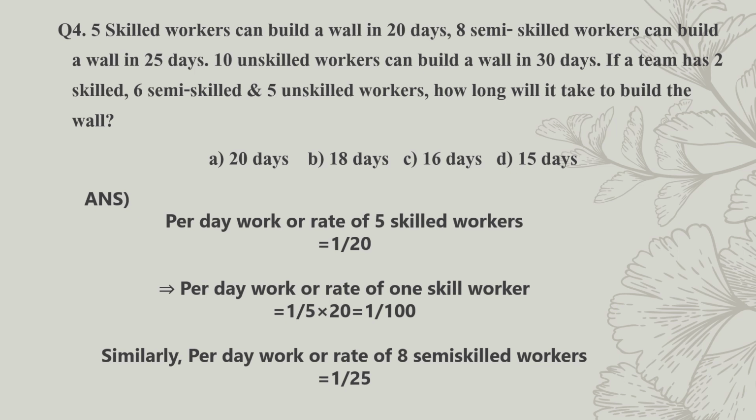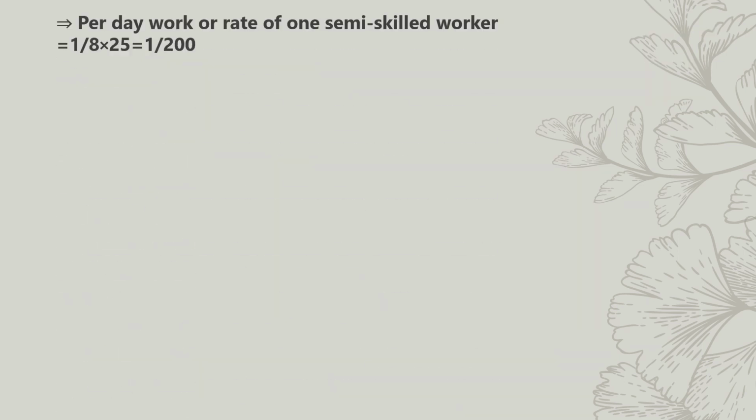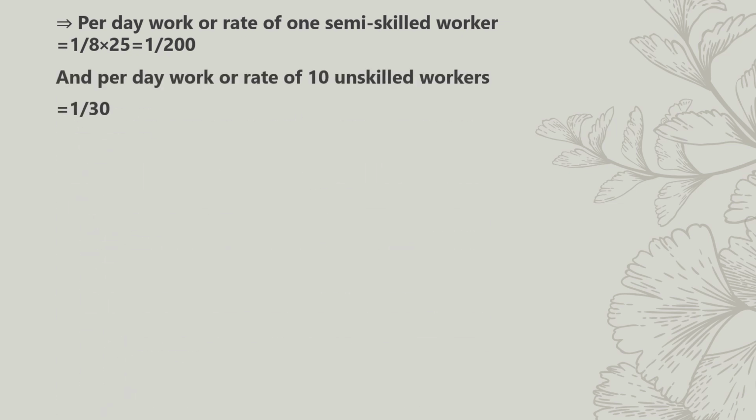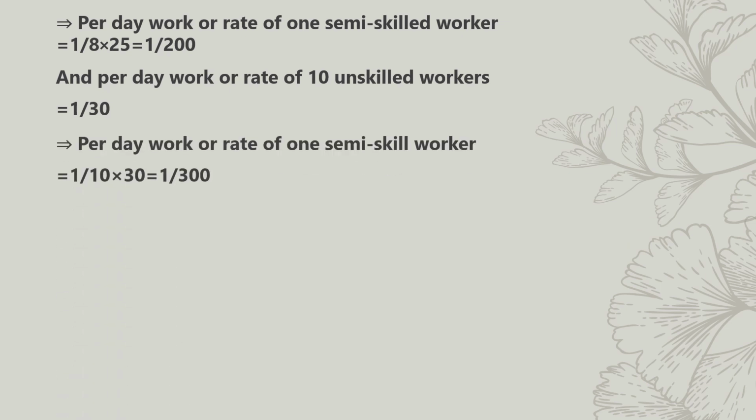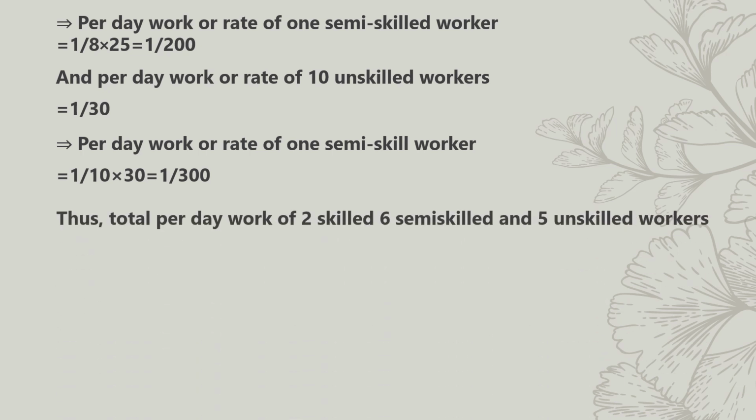For 8 semi-skilled workers, it takes 25 days, so in one day they complete 1 by 25, and the rate of one semi-skilled worker is 1 by 8 into 25, which is 1 by 200 part of the wall. For 10 unskilled workers, they complete 1 by 30 of the wall in a day, and one unskilled worker completes 1 by 10 into 30, which is 1 by 300 part a day.